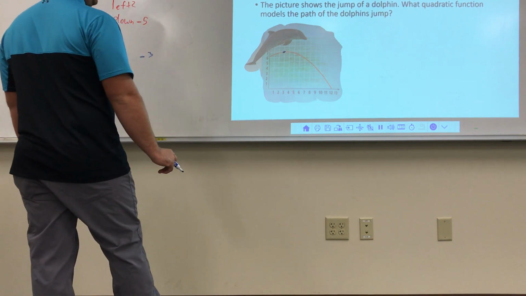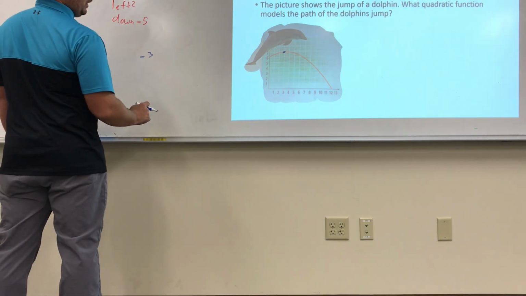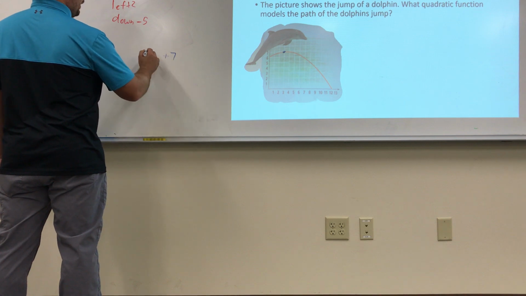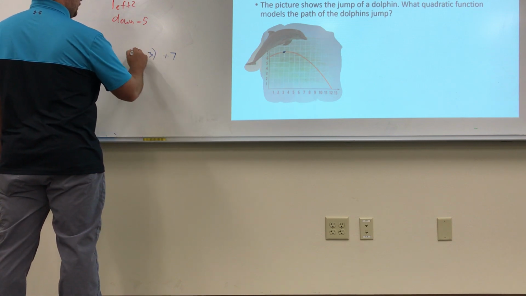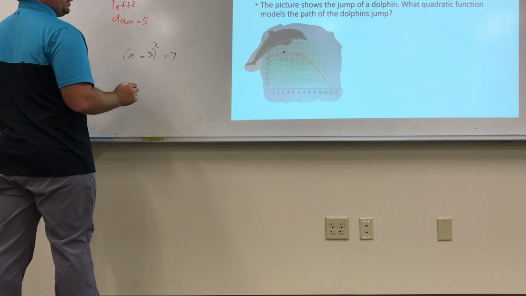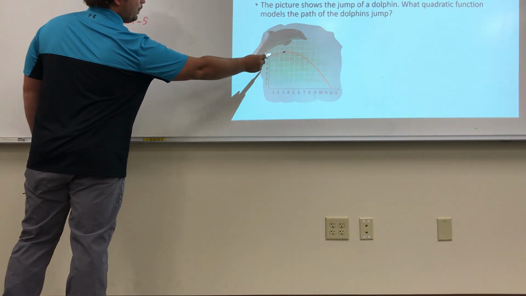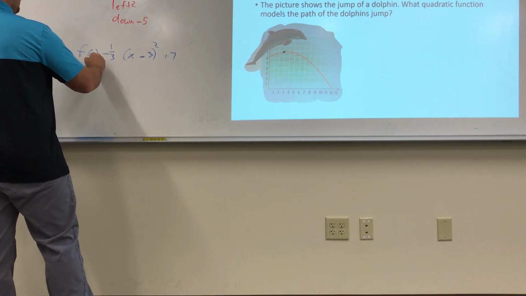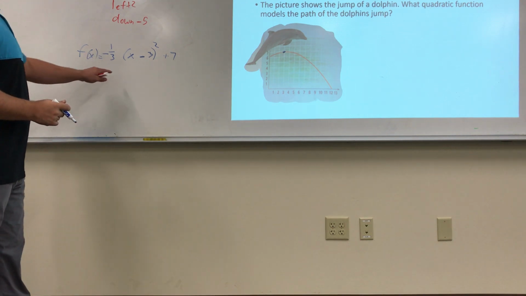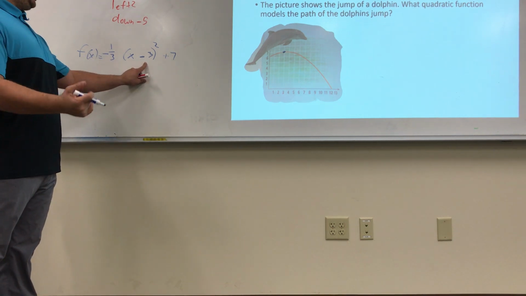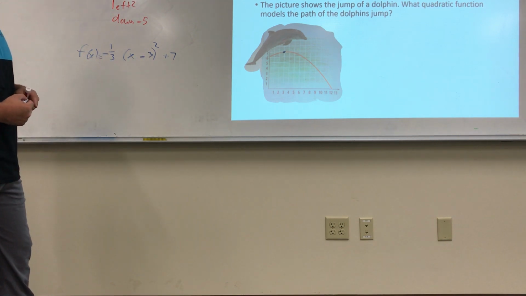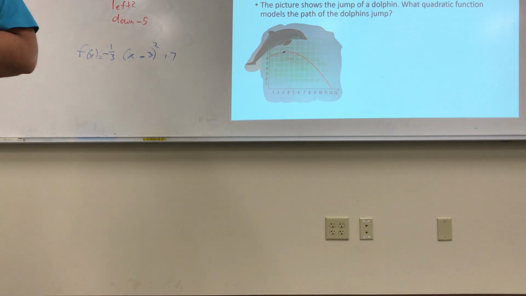I moved up 7. I moved to the right 3, my bad. Okay, now what is the deal? It's about 1, 3. And it would have to be negative. So that would be my equation for this. The 3 shows me I went to the right 3, up 7, and that shows me pretty well my rise and my run on the first points that would take place, or first place it would cross.